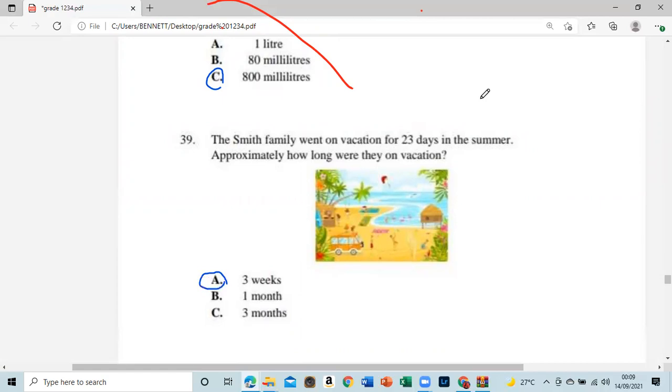The students will have to know that 7 days means 1 week. Teachers would have gone through that with them. So it's 7 days, 1 week.